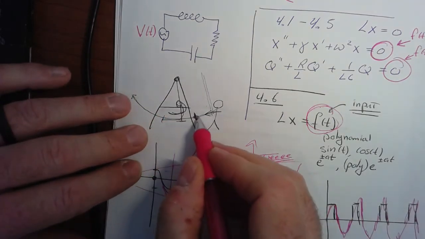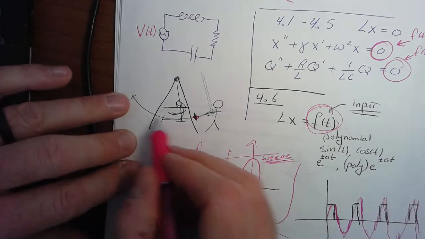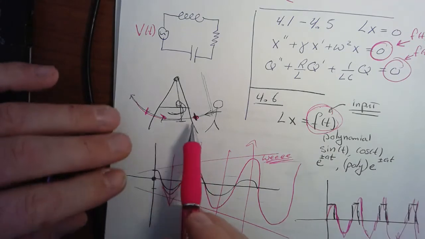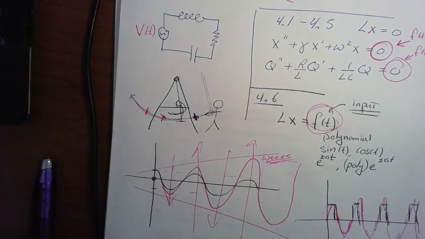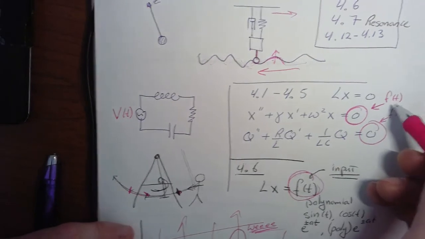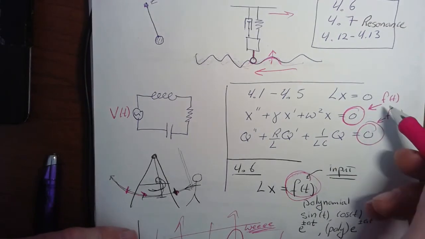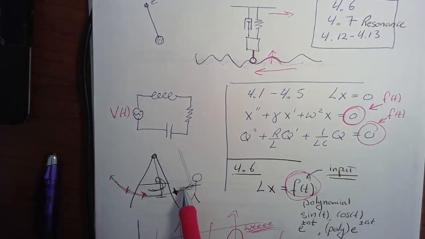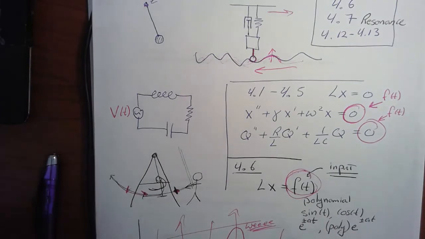If you push them a little lower, or if you grab their feet when they're trying to return, there are all sorts of things you could do that will decrease their amplitude, or at least not let their amplitude increase. So that's the basic idea of resonance: not just having an input, but having an input of the right frequency to match the natural motion of the system, to inject energy at just the right time to cause bigger and bigger amplitudes. So that's where we're going.